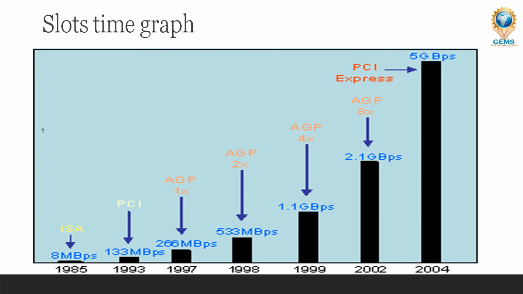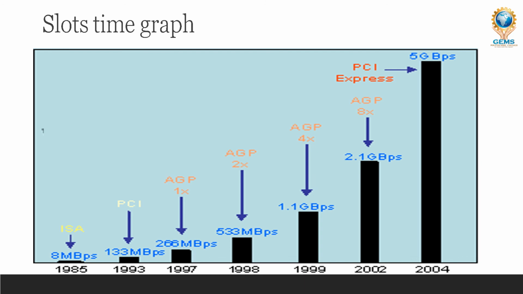According to the time span, many changes and upgrades have happened in slots. In this graph, we are seeing that over time, many slots came with advancing speed and memory sizes.